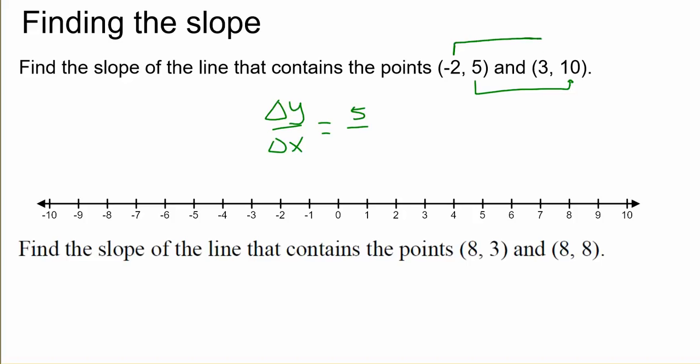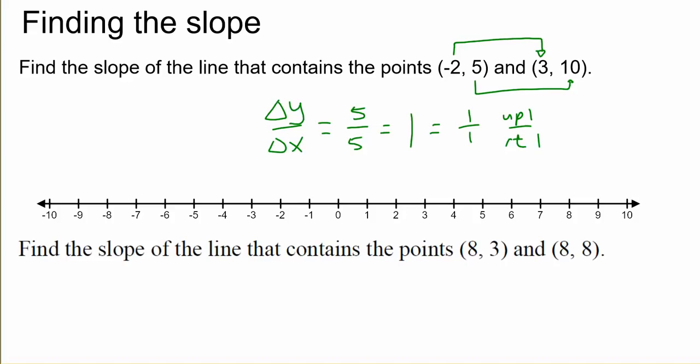From negative 2 to 3, our change in x is going up 5. So 5 over 5, that's a slope of 1. We could say that's 1 over 1, meaning we go up 1 and right 1.